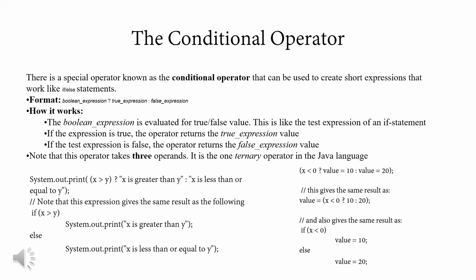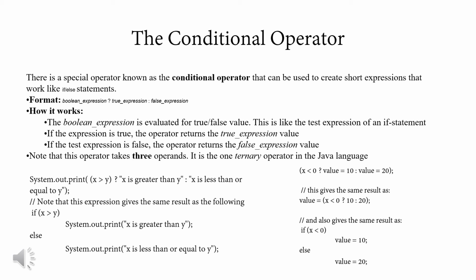The Boolean expression will be evaluated, and if its value is true, then the final result will be the true expression. If the value of the Boolean expression is false, then the final result of this operator will be the false expression.